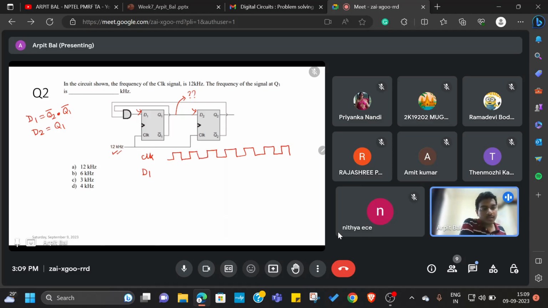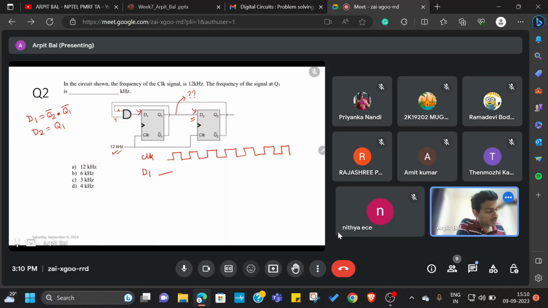Here I want you to pay close attention: D1 is getting updated in a combinational fashion. The moment these two inputs change, let me call them x and y, D1 will change accordingly, immediately, without waiting for the clock pulse. Similarly D2, because D2 is just a wire from Q1, so the moment Q1 changes, D2 also changes. Let me assume that D1 is starting from state 0.